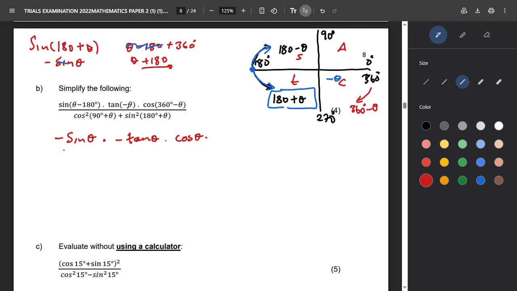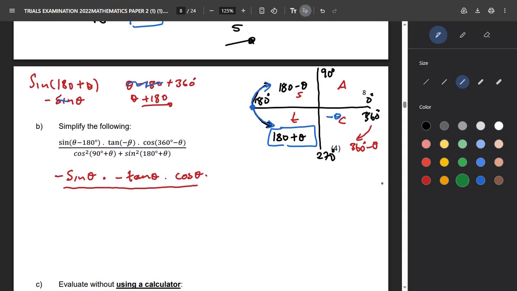Okay, and now we are working with 90 degrees. 90 degrees is a co-function. Cos changes to sine, sine changes to cos. So I'm going to first say 90 plus theta. In which quadrant is 90 plus theta? Look at this.